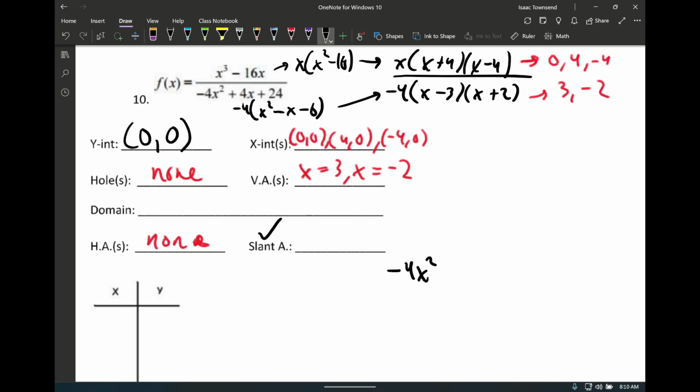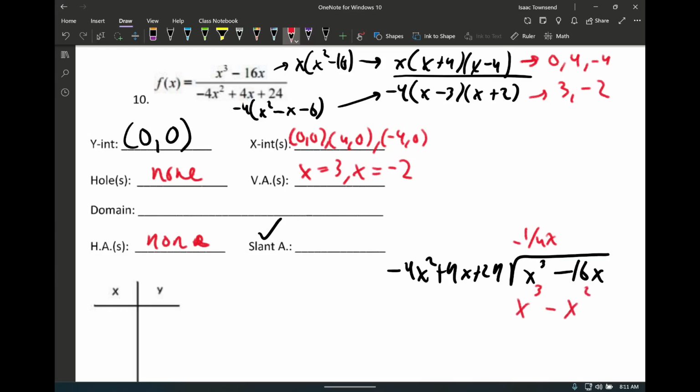Should be dividing this one into that one. Okay, and then this would be negative 1x squared and minus 6x.